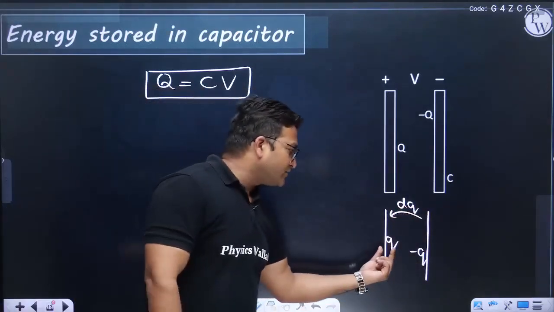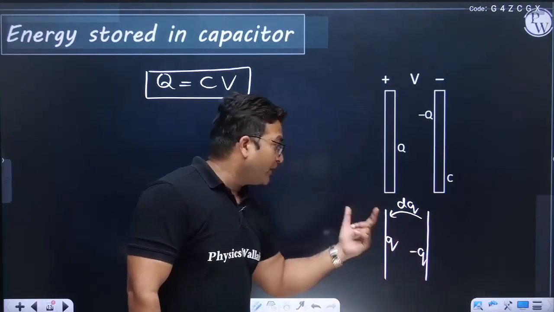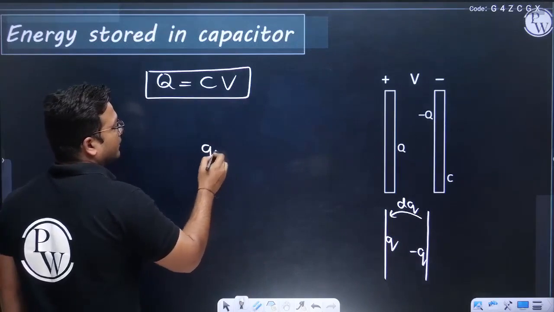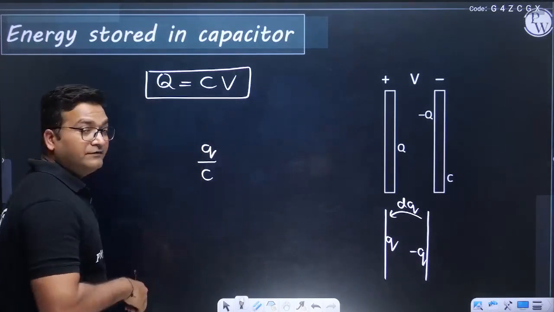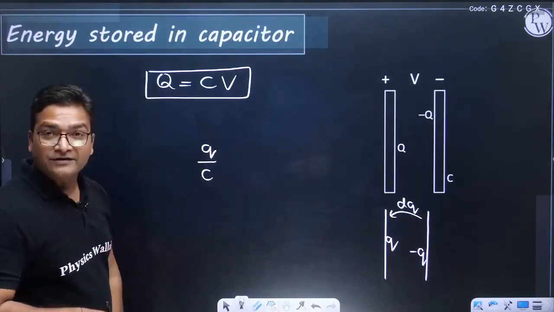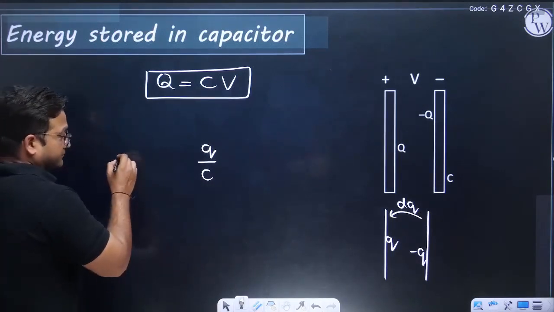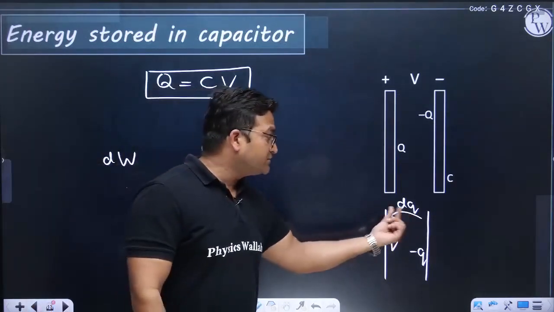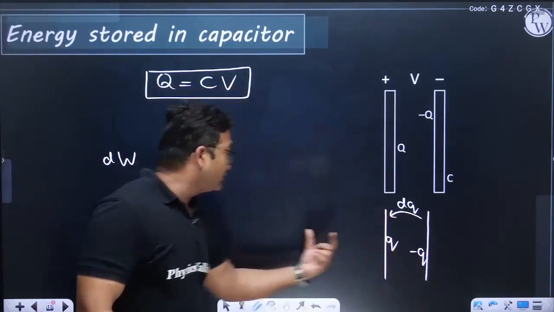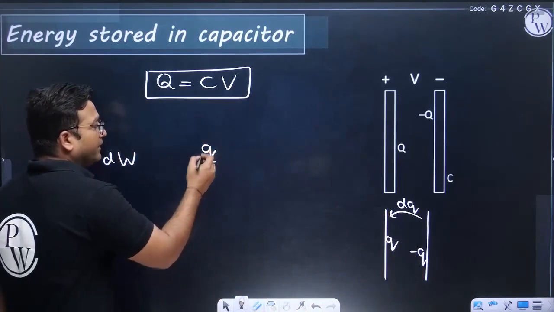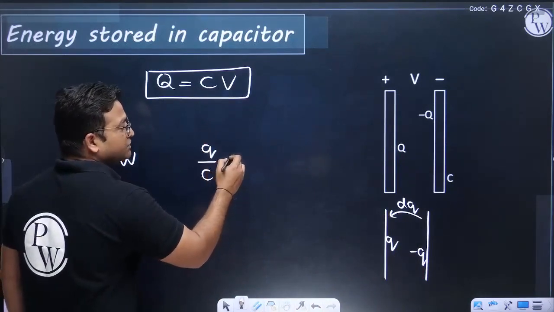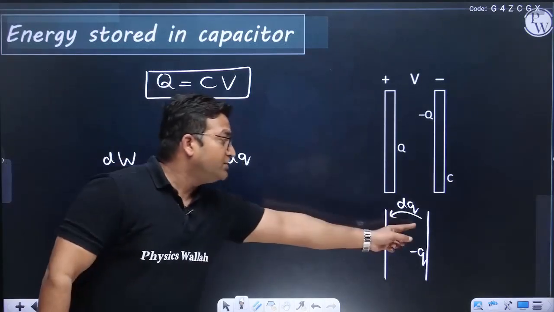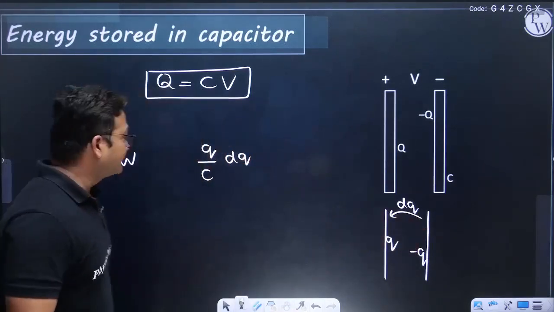If this plate has charge q and minus q, the potential difference across the capacitor becomes q by C. This is the potential difference, and dq charge is traveling. So the work done in bringing a small charge dq across the potential difference q by C would be potential difference times the charge dq, and this is the work done in bringing a charge dq from this plate to this plate slowly.